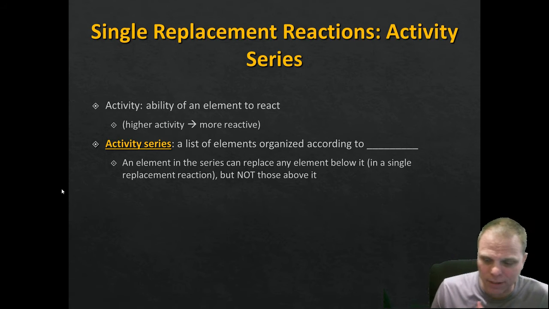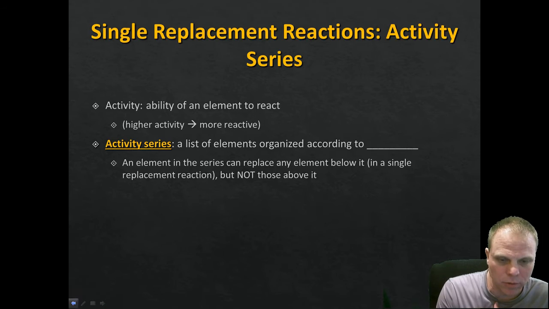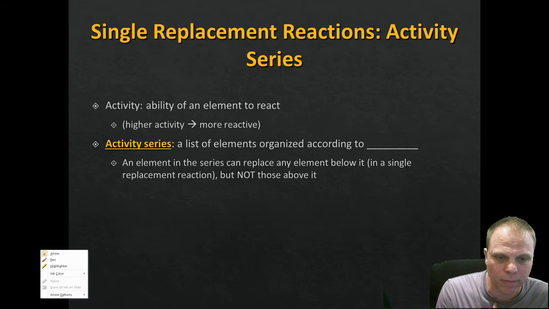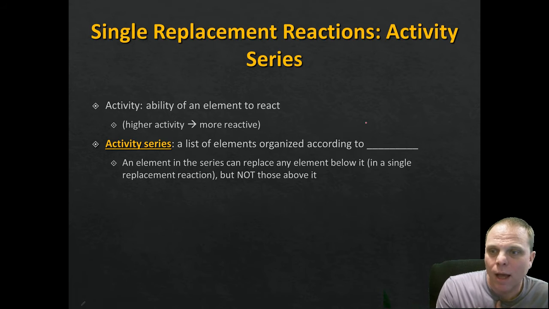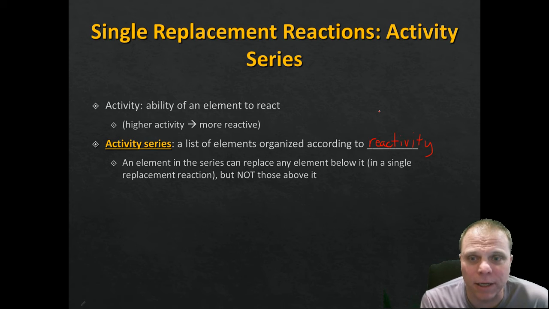So it's a list of elements organized according to what? Reactivity, or activity. So that's why we call it an activity series. The higher their activity, the more reactive they are.